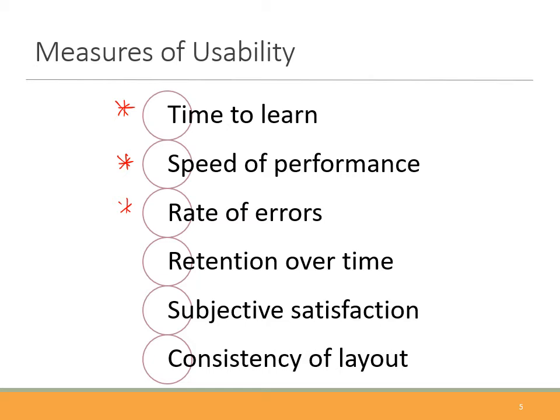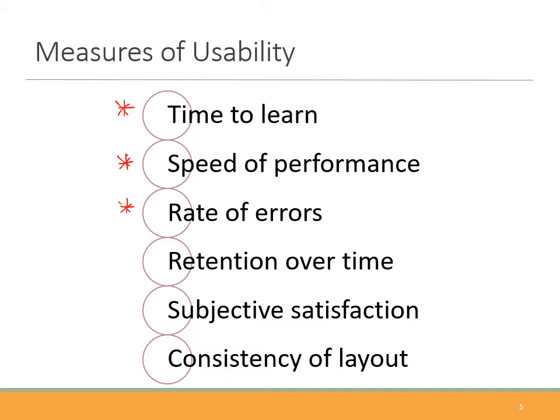The third one is the rate of errors: how accurate the system is, and how many errors users make by using the system. Maybe the system itself is not wrong, but if the system is too difficult to use and the user does not know the right way of using it, users themselves may use the system wrongly and produce wrong answers and wrong output.